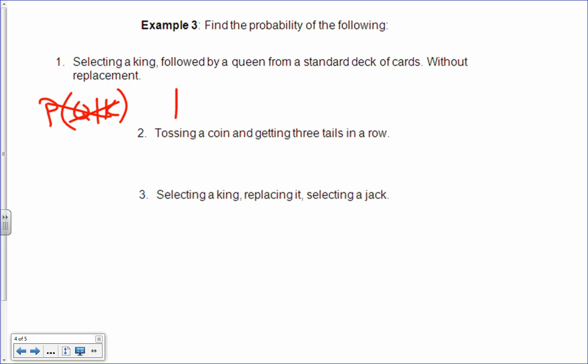I'm now saying probability of king and queen. I'm getting both of them, correct? I'm not picking one and not caring what it is, or putting it back. So here I am picking a king. I'm leaving it out, and then I'm going to pick a queen out of there. Again, without replacement.